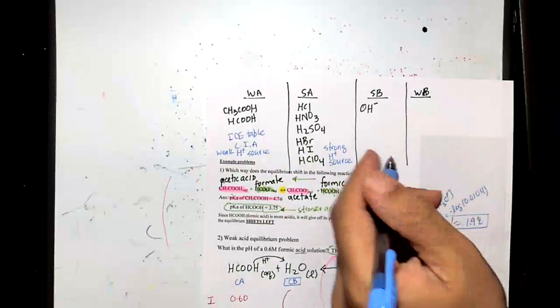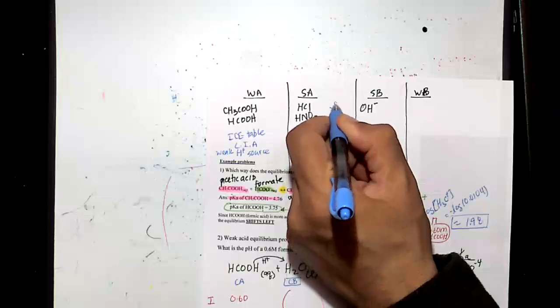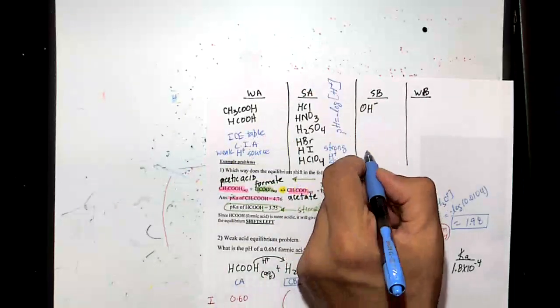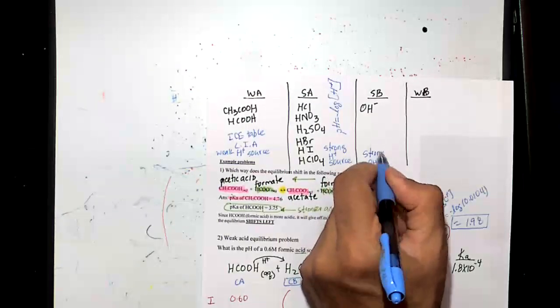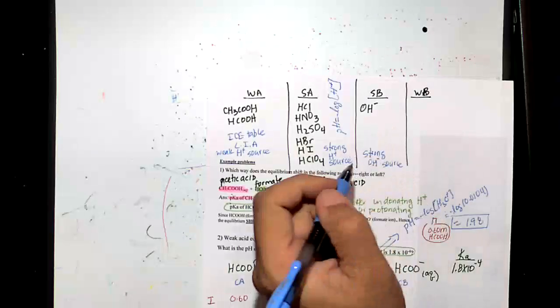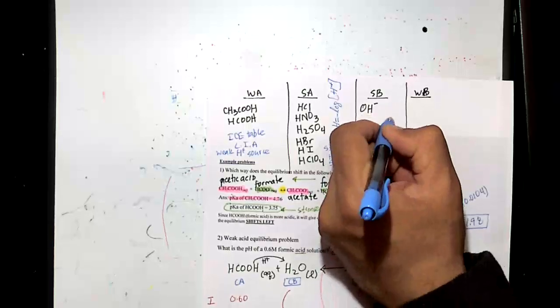Okay, plug it in. pH is minus the log of H plus. A strong OH minus source is OH minus. So this will really, really abstract that proton. So just plug it in, pOH.